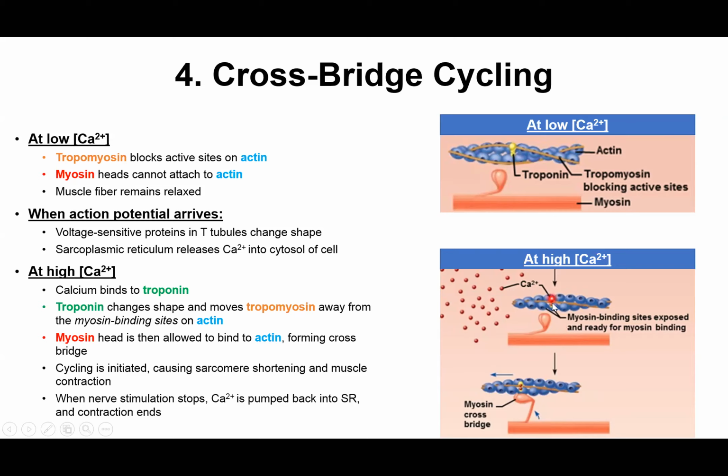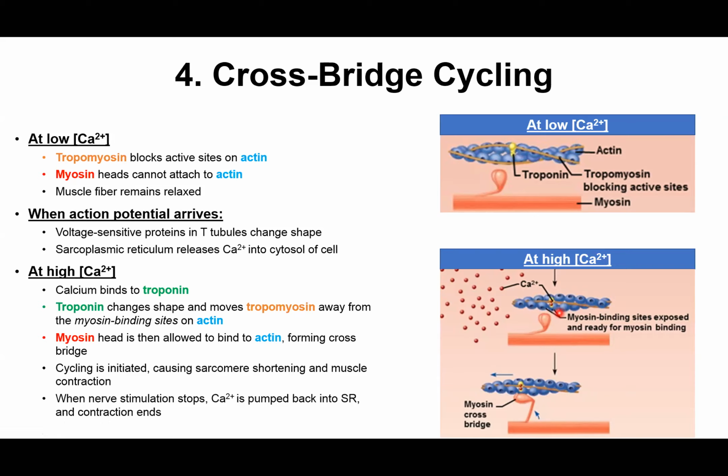Troponin causes tropomyosin, which is those orange lines, to shift away from the active sites that are on actin. Because of this, you can see that the myosin binding sites on actin, those little divots, are now available for the myosin head to latch onto.